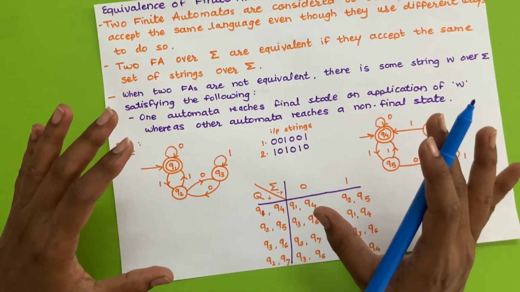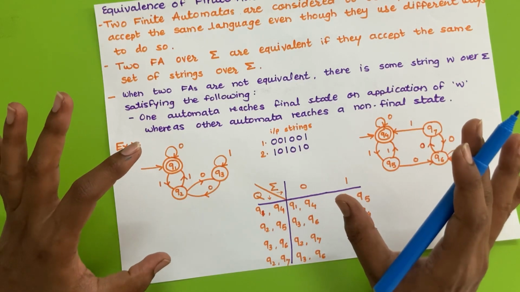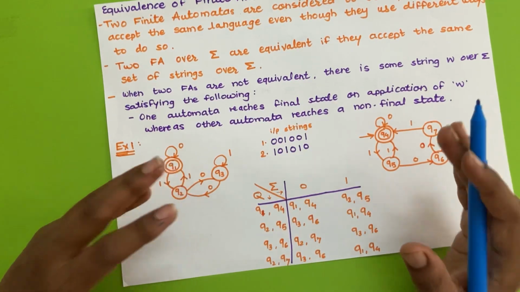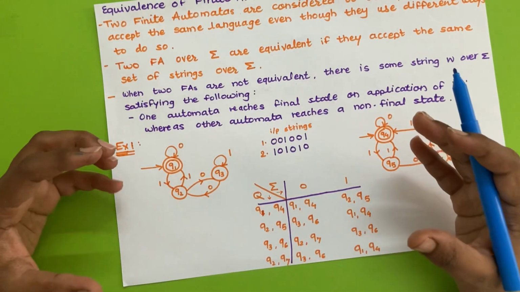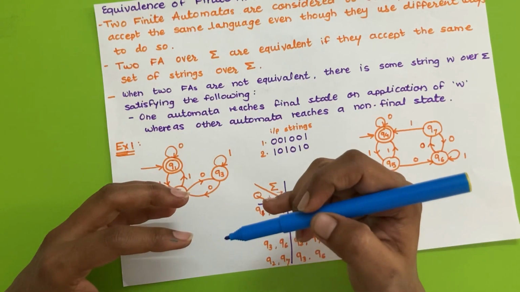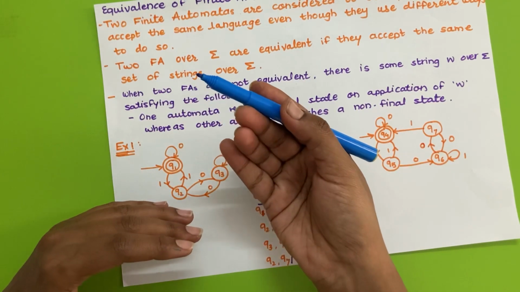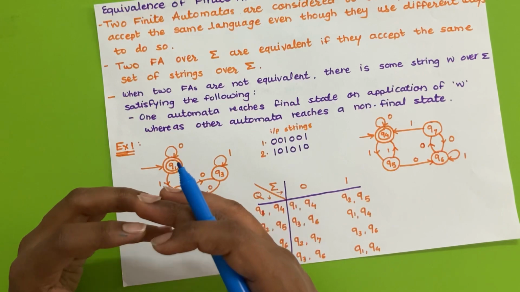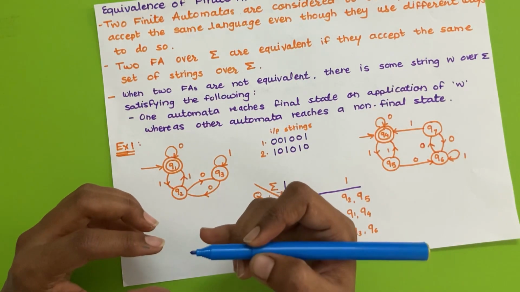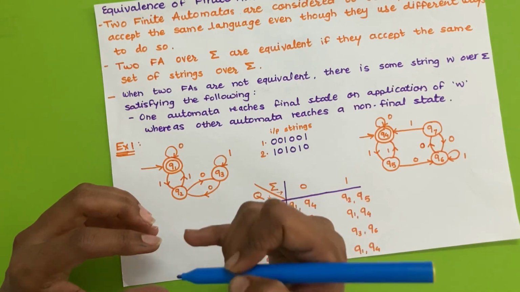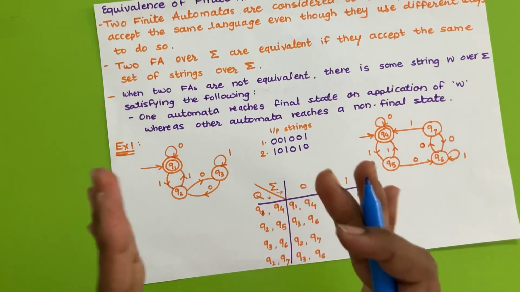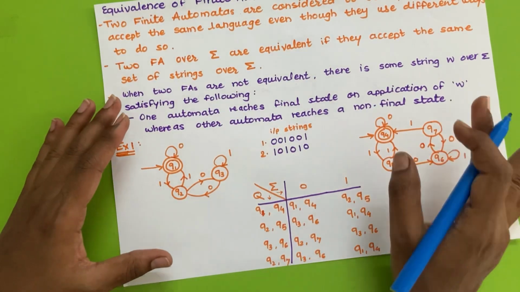We cannot say that two states are equivalent if one state is final and the other is non-final, because if a state is final, any string reaching that state will be accepted by that finite automata, and if the state is non-final, it is not possible to accept that string after reaching that state. So final and non-final states cannot be equivalent at all.